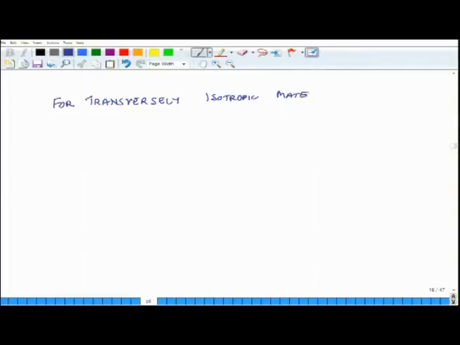Actually it is 5, I counted wrong, 5 constants. For orthotropic in 3D it is 9, and for transversely isotropic 5 constants.